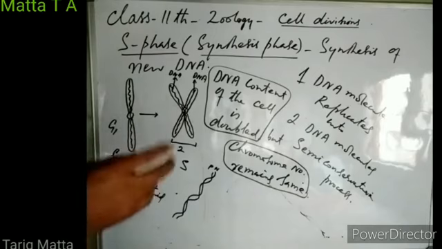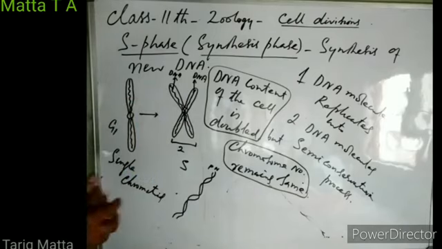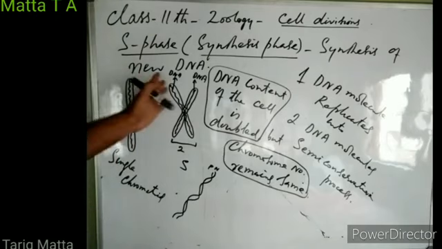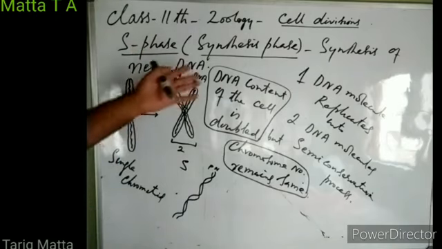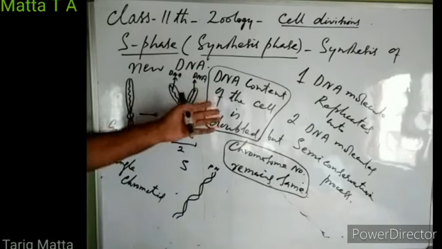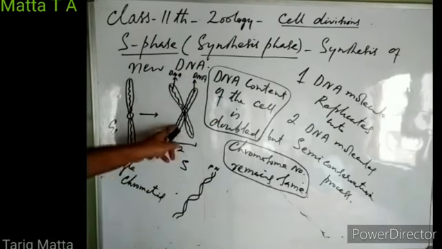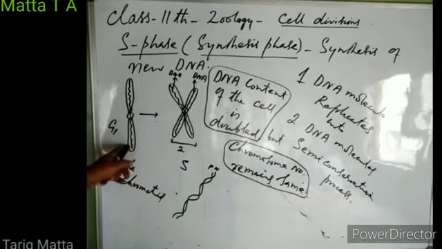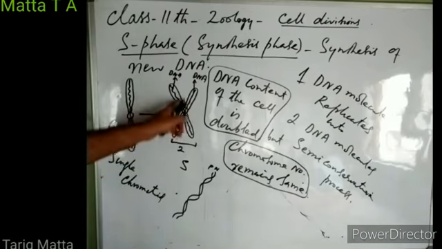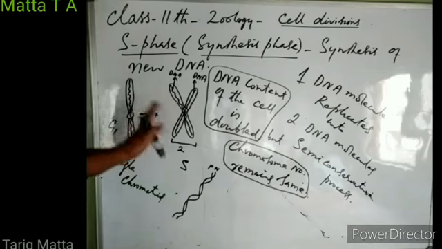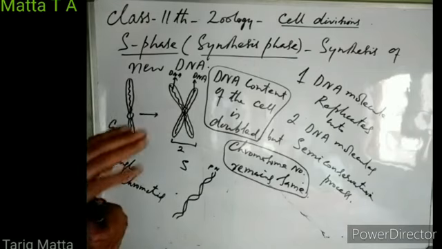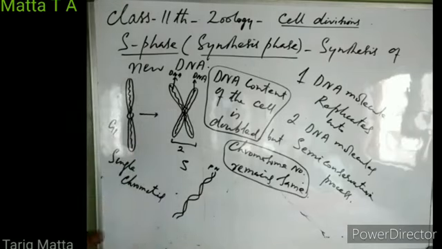Now each chromosome has two sister chromatids containing two DNA molecules in them, right? So in S phase, there is synthesis of new DNA. So the DNA content of the cell is doubled, but the chromosome number remains same, right? So this is the chromosome with double DNA. This is the chromosome with single DNA molecule. In this chromosome, there are two DNA molecules. So the chromosome number of the cell will remain same. In case of human beings, it will still be 46, right?